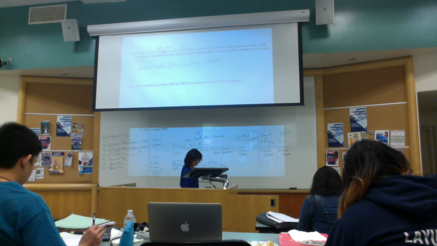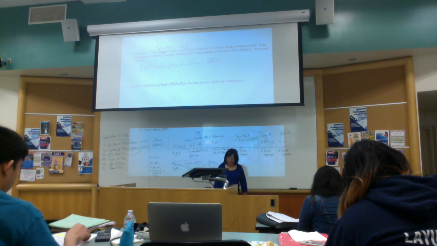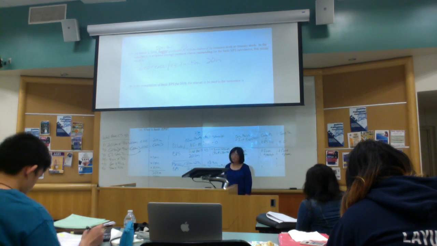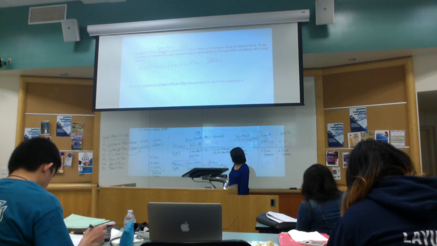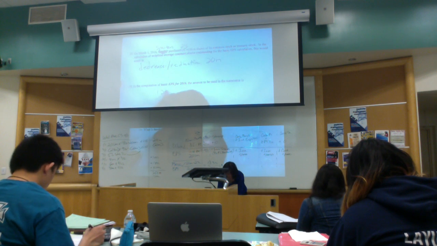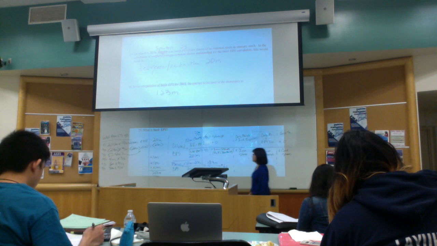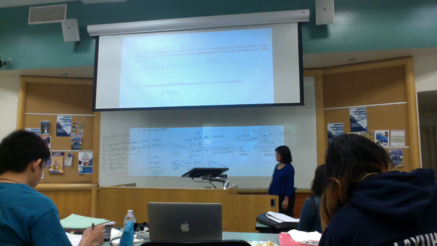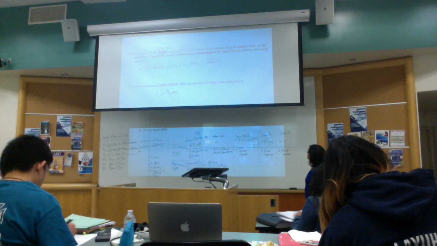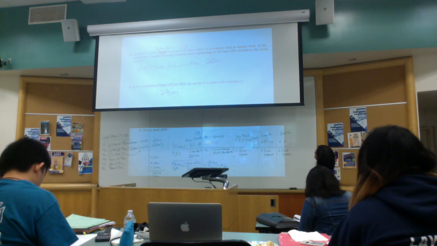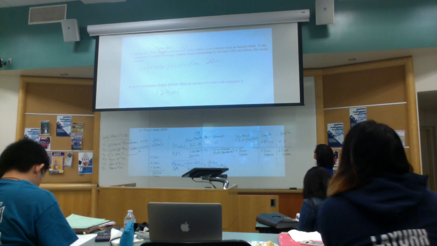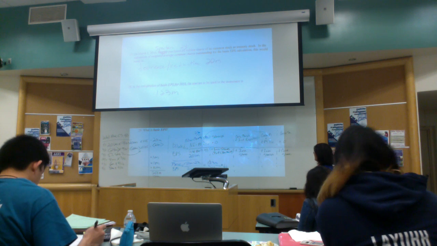Number 28. In the computation of basic EPS, what would be the numerator? 123 million, right? Yeah? So then I could also ask, in the calculation of basic EPS, what would be the denominator? 201, right?